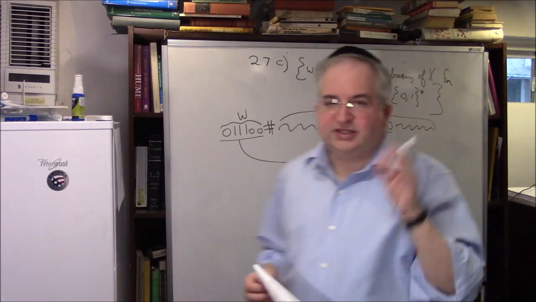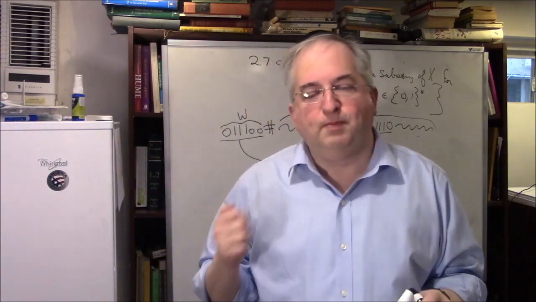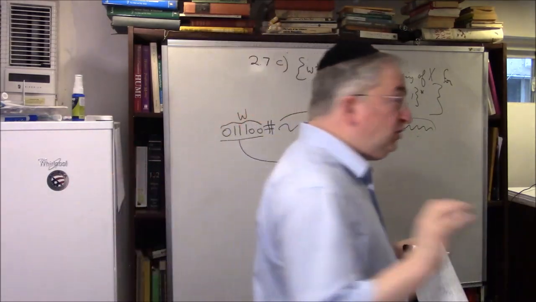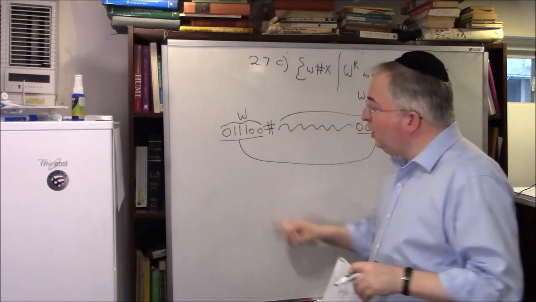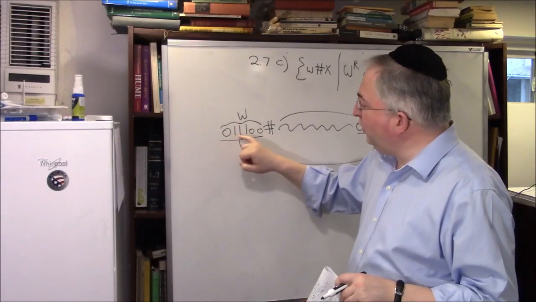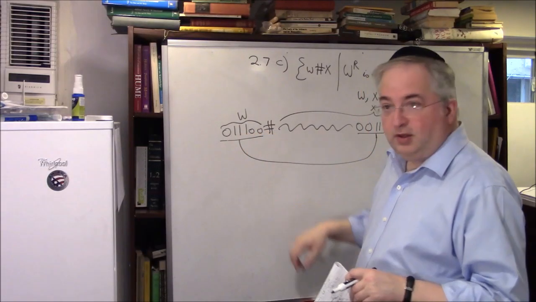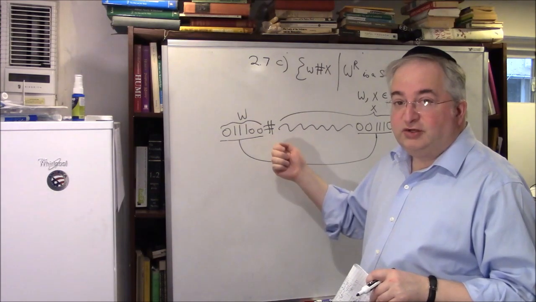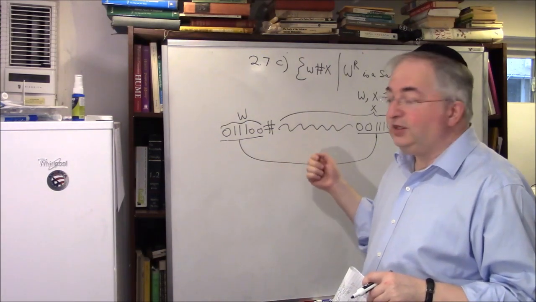Okay, so let's think about a push-down automaton. How do you do a palindrome as a push-down automaton? Well, you push in 0, 1, 1, 1, 0, 0. When you see the dollar sign, you know you have other things to do.